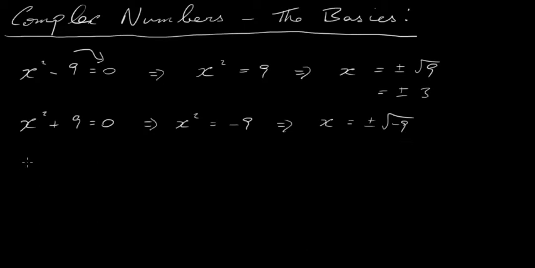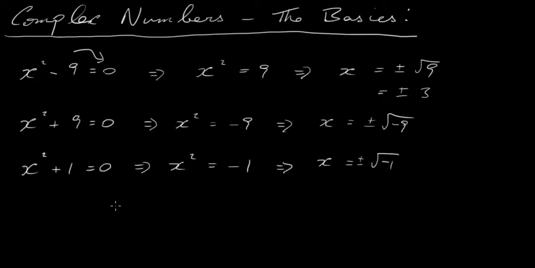So what they've actually done here is, let's say we take x squared plus 1 equal to 0. Again, if you bring the 1 over, you get x squared is equal to minus 1, which gives us x is equal to the square root of minus 1, plus or minus if you like. But again, we can't get the square root of minus 1.